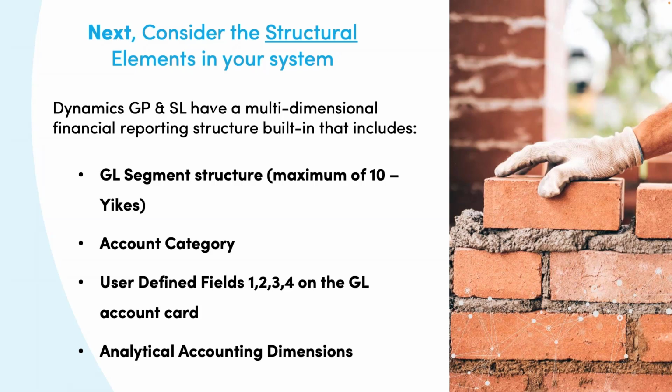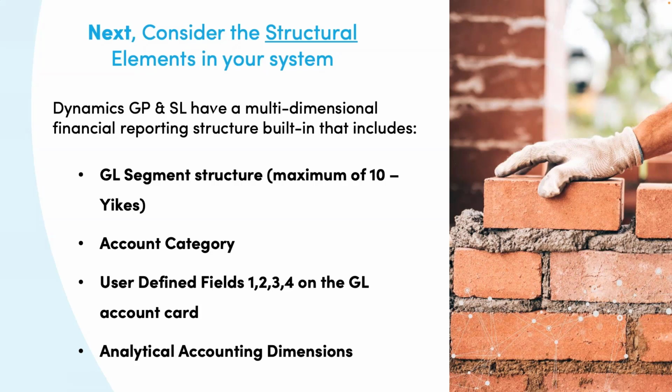Doesn't matter. They're just building blocks of the chart of accounts. And what we have to look at is how many core building blocks we should have in the chart of accounts. In the case of GP, as the GP users on the call know, you can put a maximum of 10 in there. That would be a terrible idea.